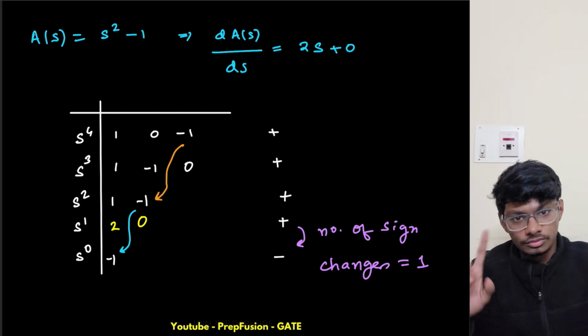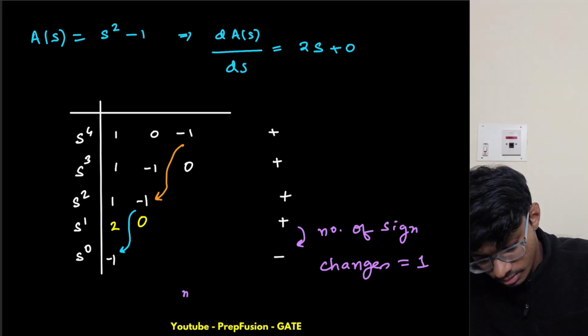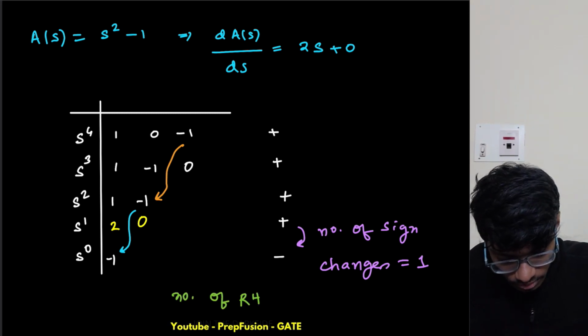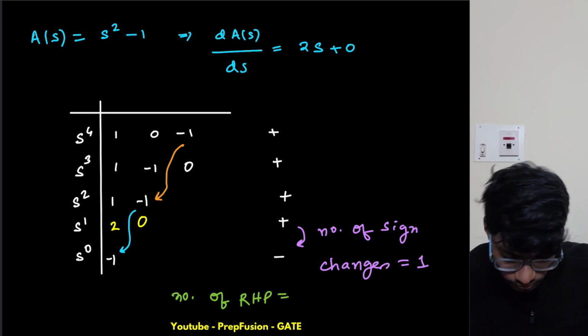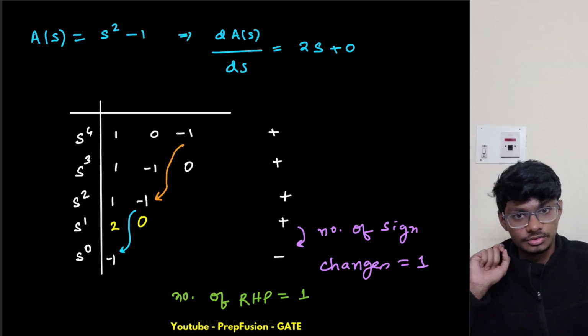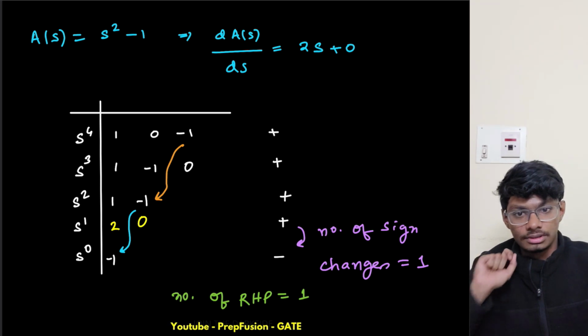So that we know. So how many right half poles will I have? Number of right half poles equals 1 itself, right? So yeah, that is that.